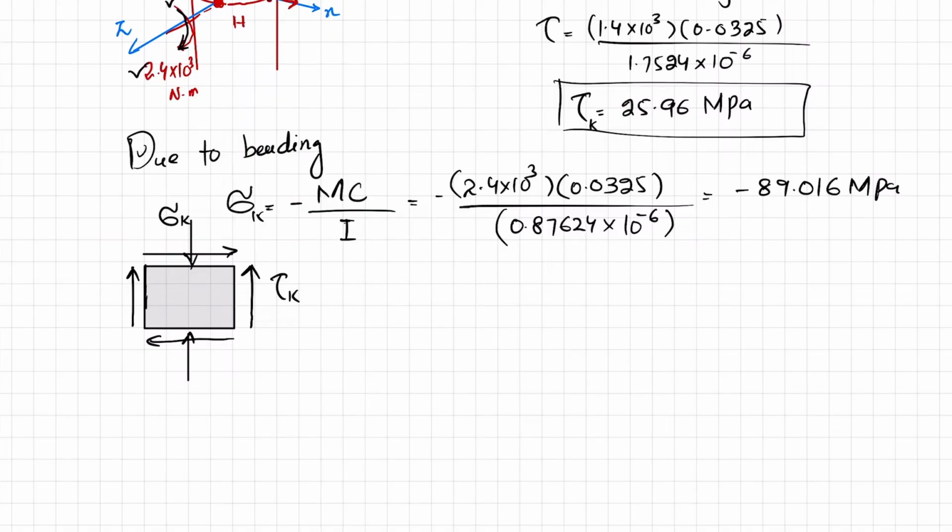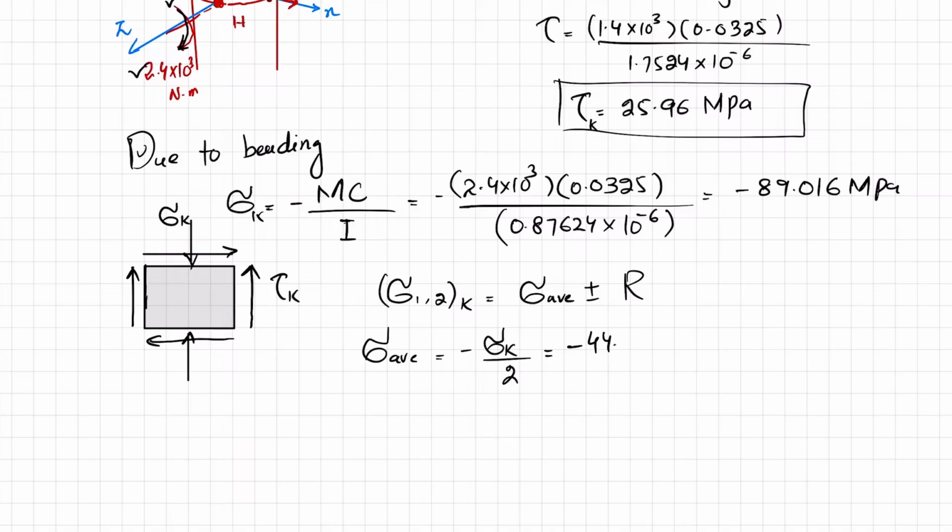Also we know that we are going to find the principal stresses, sigma 1, 2 at point K, is equal to sigma average plus minus R. Now sigma average here is equal to minus sigma K over 2 because there is only one compressive stress. So when you calculate it will be minus 44.508 megapascal.